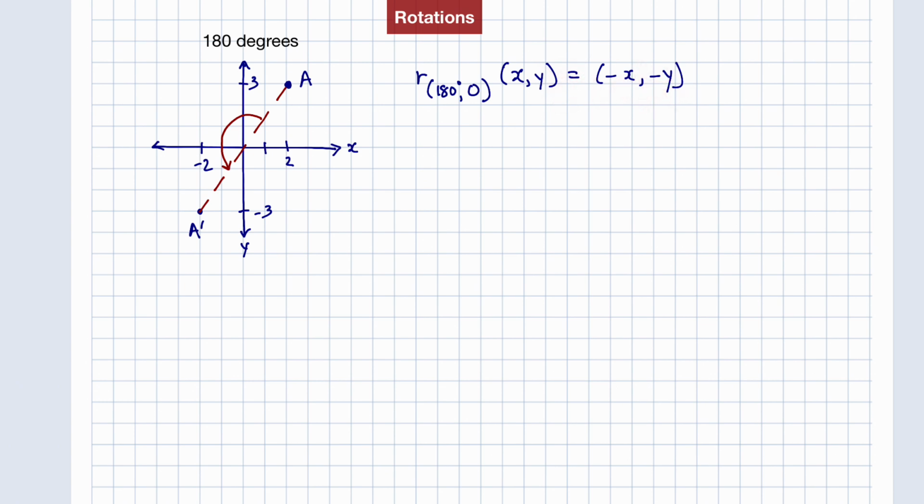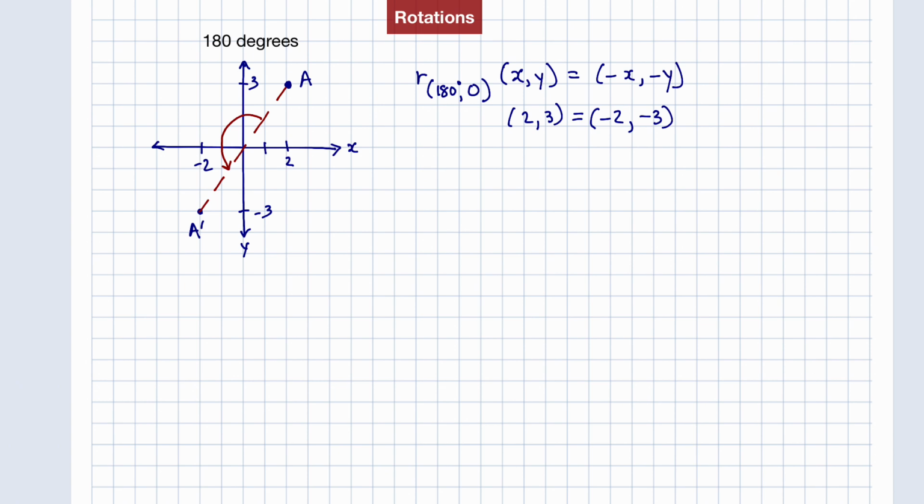So let's take a look at what coordinate A is. Coordinate A is 2, 3. Then 180 degrees would be the opposite of x, which would be negative 2, and the opposite of y, which is negative 3. And you'll see that with this point right here, we have negative 2, negative 3. So that rule lines up.